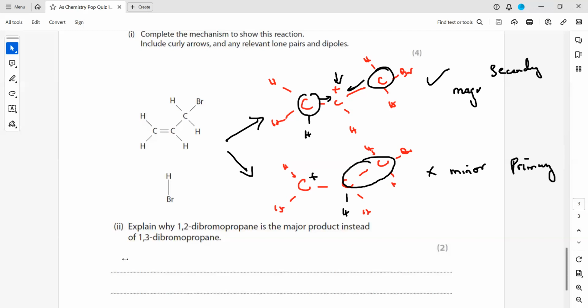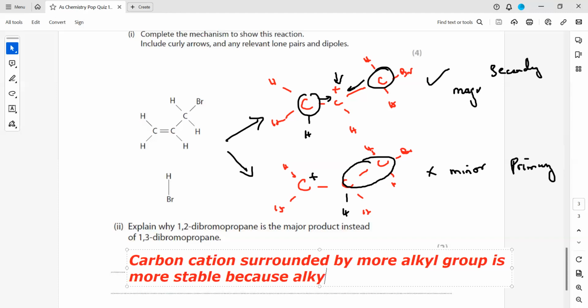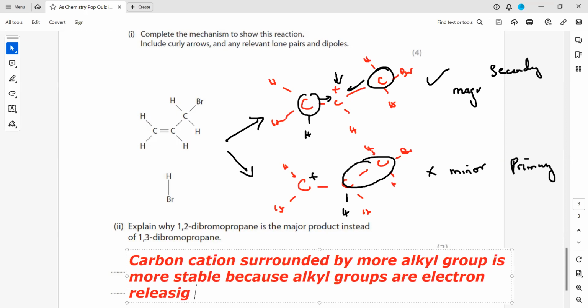So you can mention here: the carbon cation surrounded by more alkyl groups is more stable because alkyl groups are electron releasing groups, which reduce the charge on carbon.